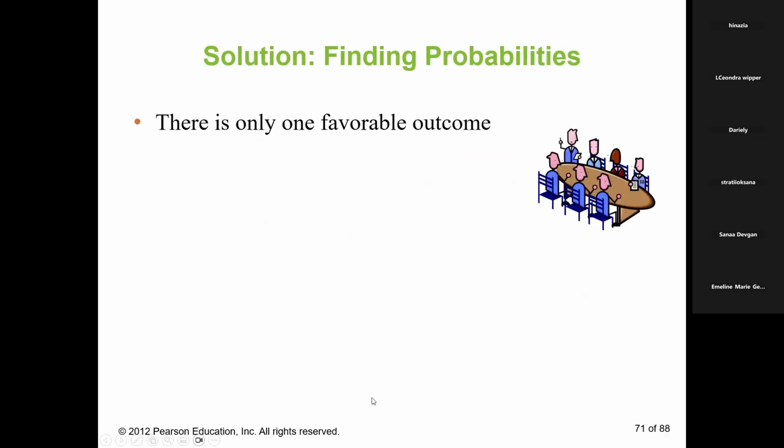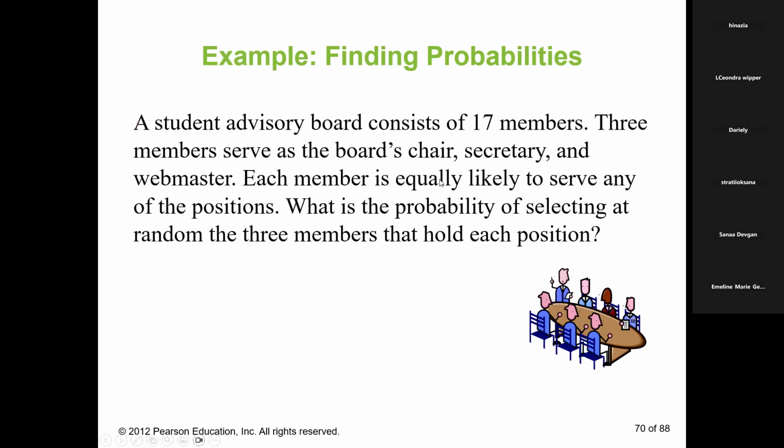Why is it a permutation? Because there is order. Board chair, that's the first guy. Secretary, that's the second guy. And the third guy is webmaster. Is this clear? So here you use permutation. Is this clear? Good.